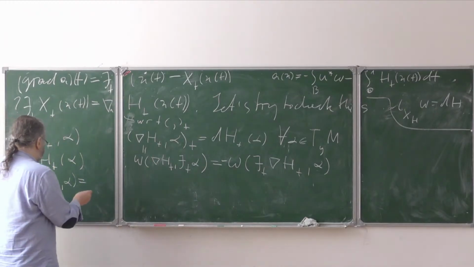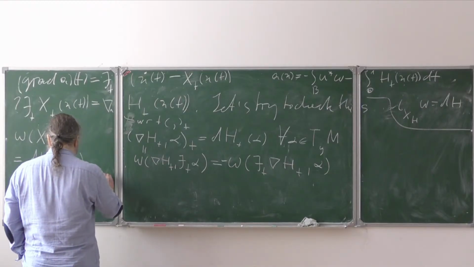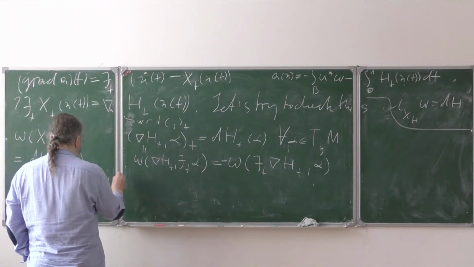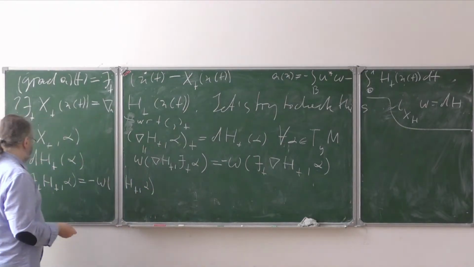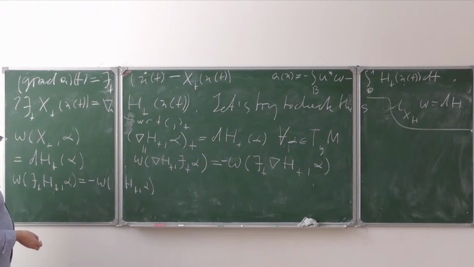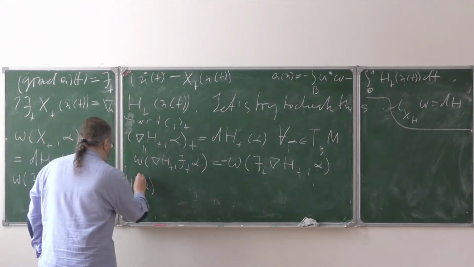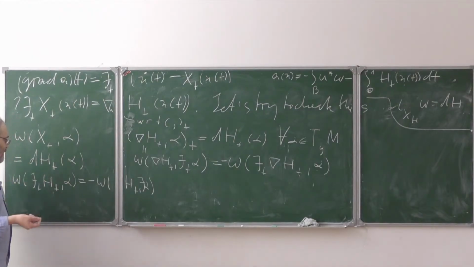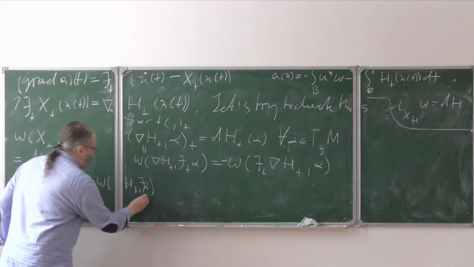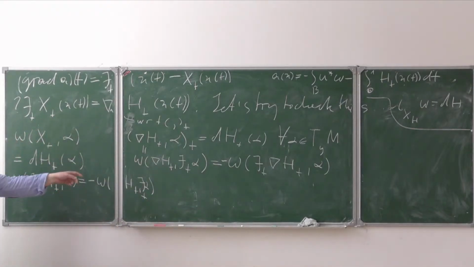My claim is the result is the same as minus omega of h_t, J alpha. And here we use the fact that the almost complex structure is compatible with omega.